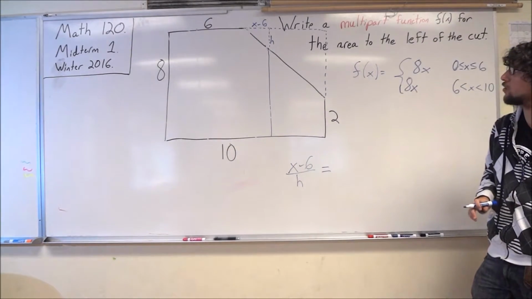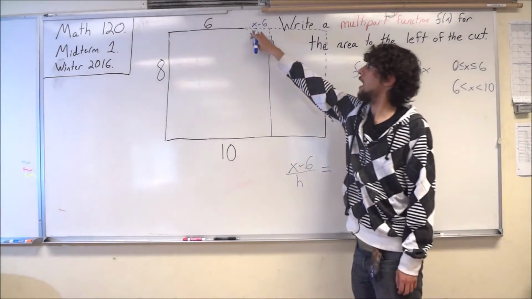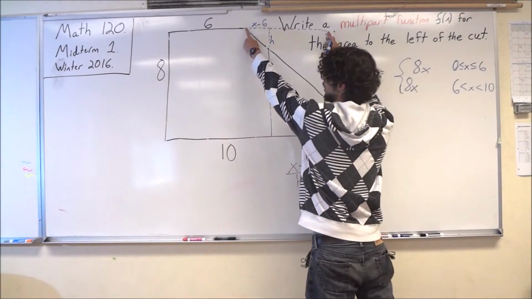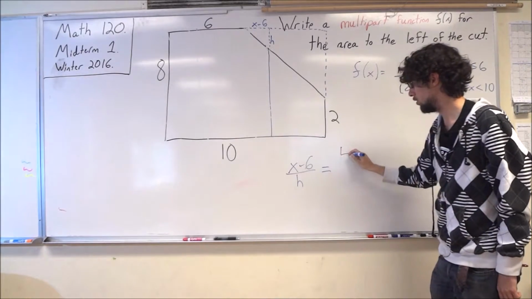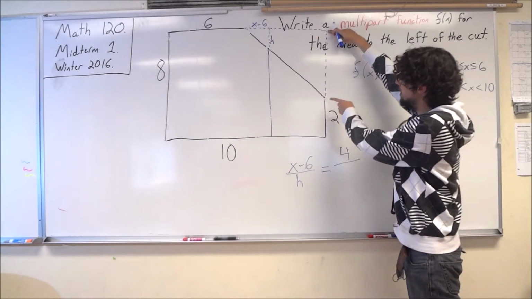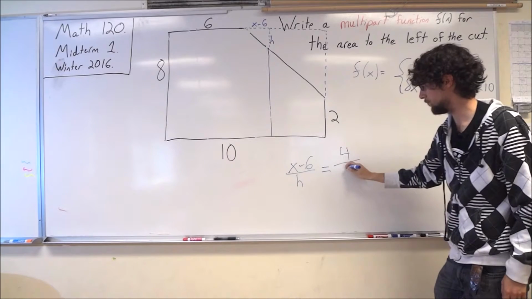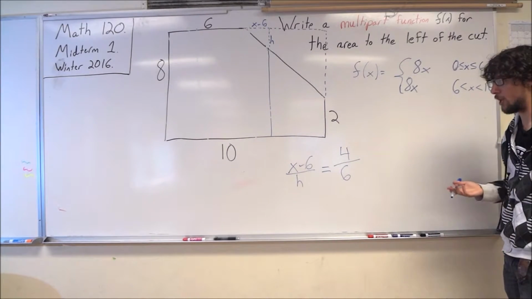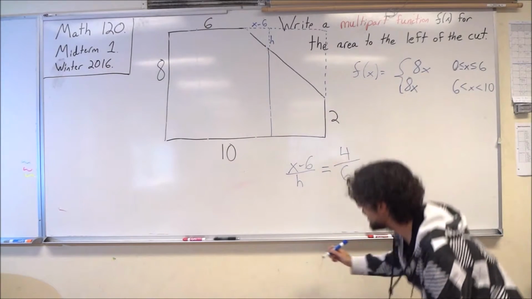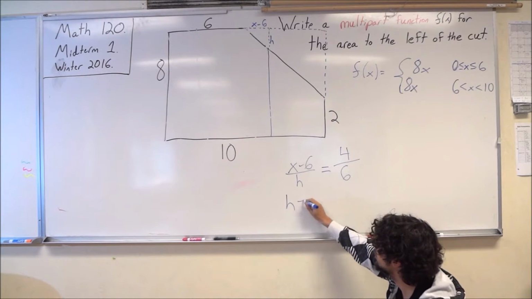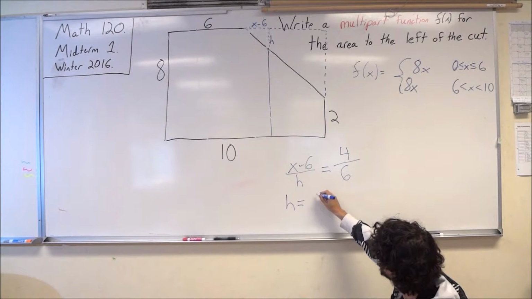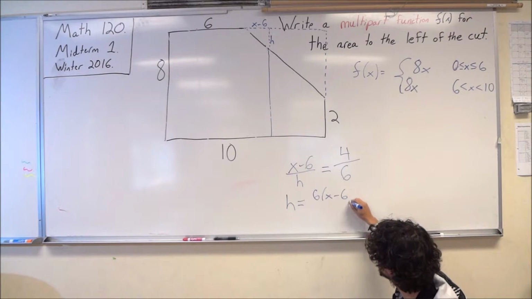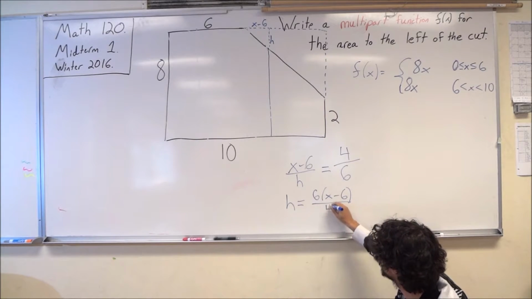And the larger triangle has dimensions, here to here is 4, and here to here is 6. From here, I can solve for h: h is equal to 6 times x minus 6, over 4.